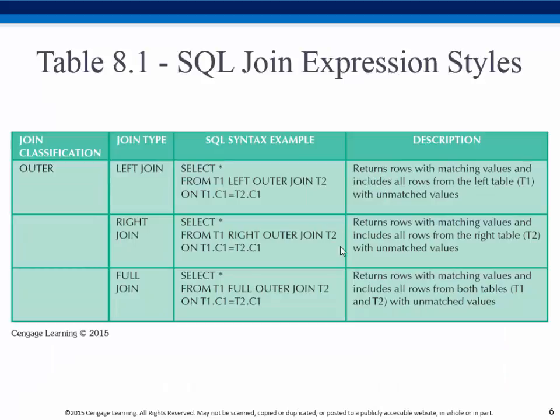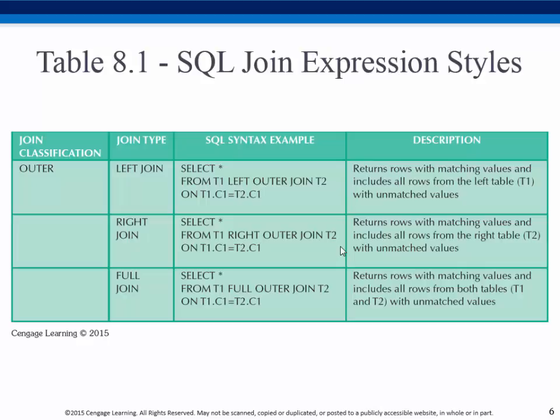The left outer join will return rows with matching values and includes all rows from the left table, whether it's null or matches or not. So for the left table, everything is returned, and then matching values are returned for the table on the right, or table 2.